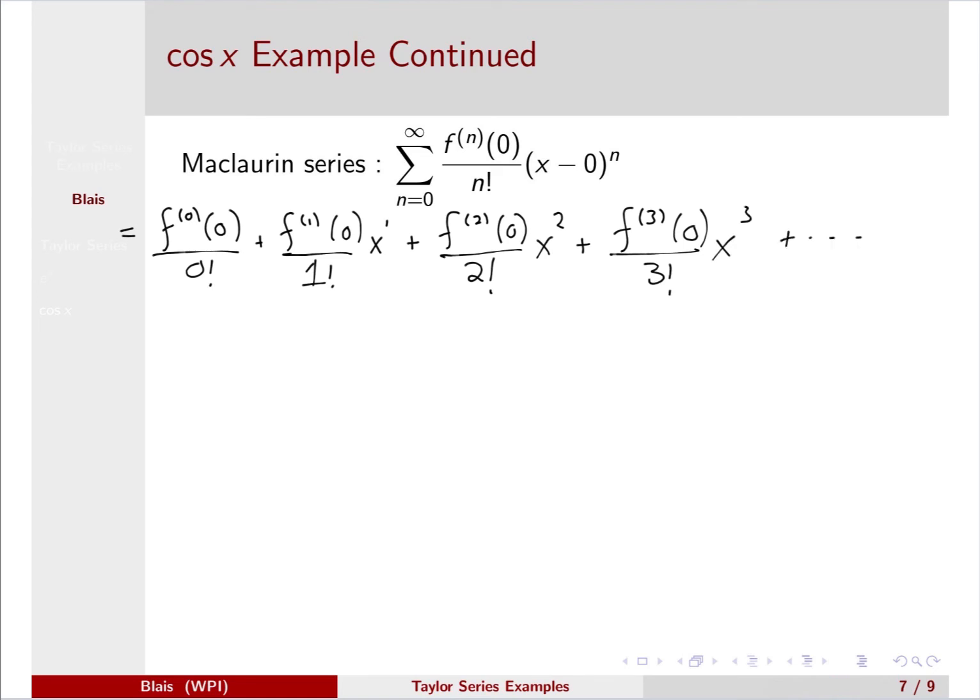And then we continue, but we noted from our work on the previous page that we have this pattern. We know the 0th derivative at 0 was 1.